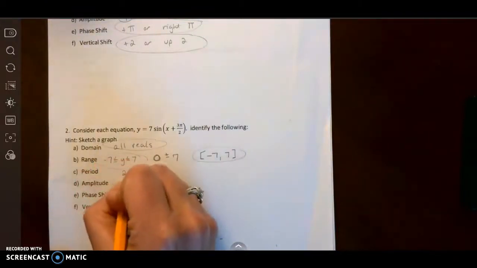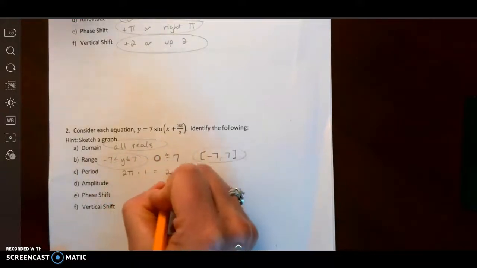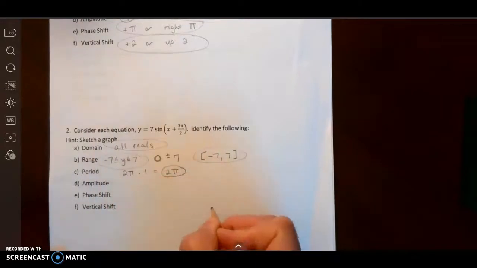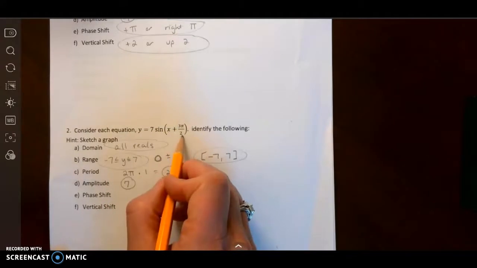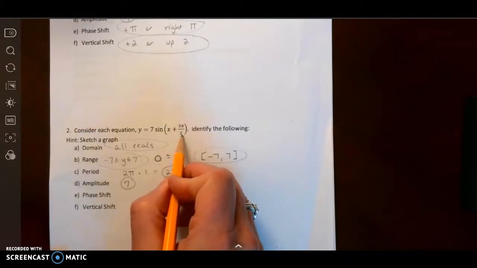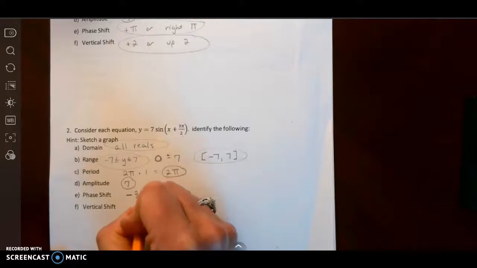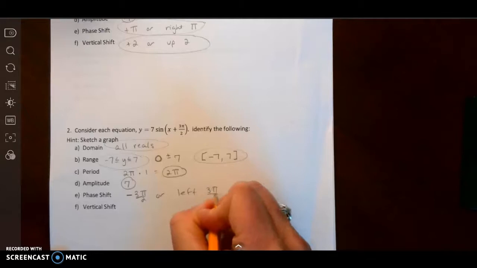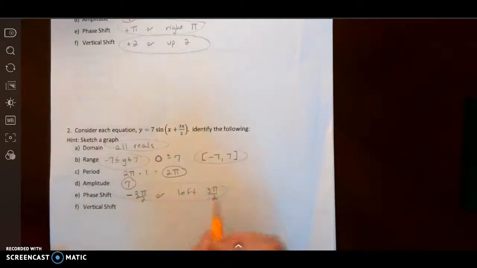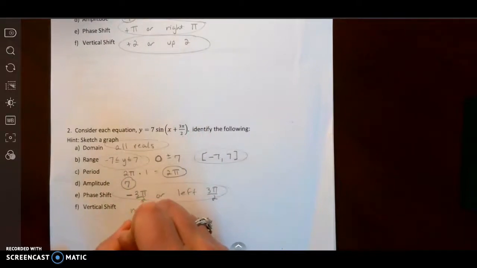My period is 2 pi times the x scale change. There's no scale change on the x, so that's still just 2 pi. My amplitude is 7. My phase shift, and the equation says plus, which means in the rule it's going to be minus 3 pi over 2, or in words that's left 3 pi over 2. And my vertical shift, I don't have anything, there is none.